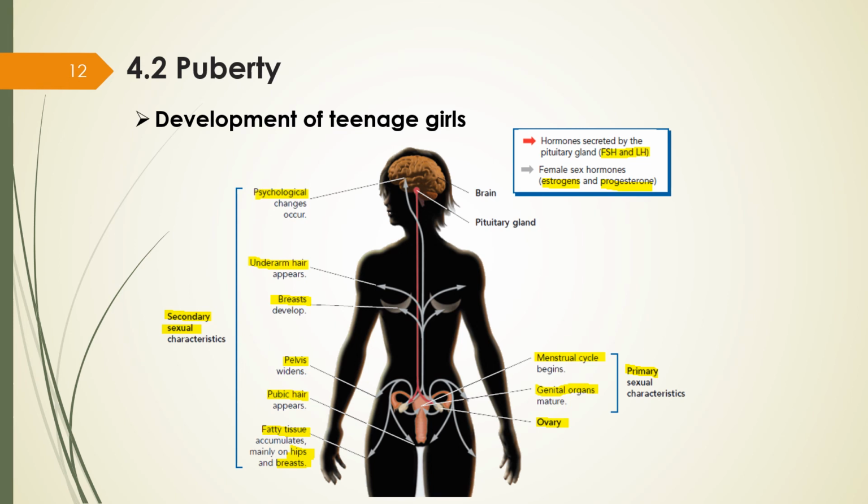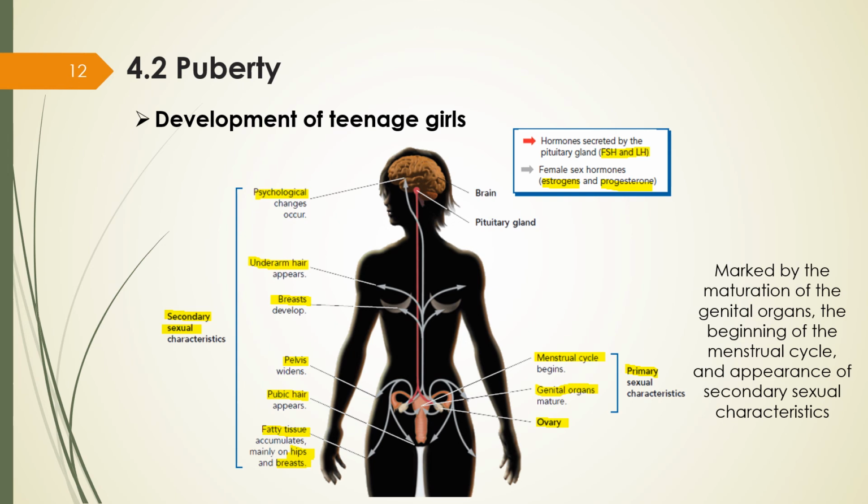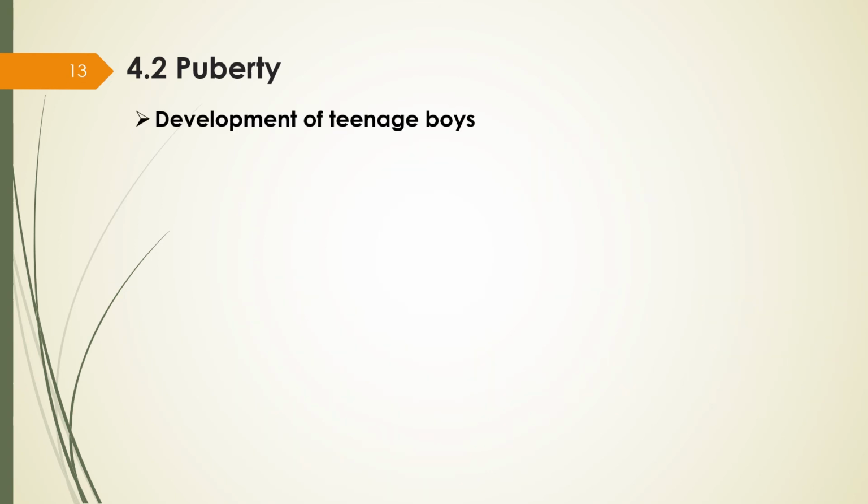Psychological changes, underarm hair, breasts develop, the pelvis widens, pubic hair, and fat tissue that accumulates on hips and breasts. So, teenage girls are marked by the maturation of the genital organs, the beginning of the menstrual cycle, and the appearance of secondary sexual characters.